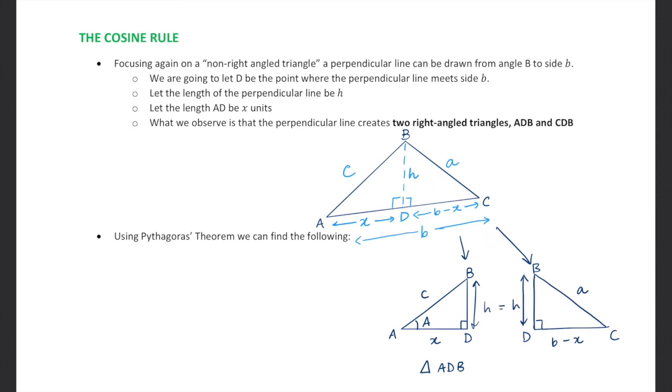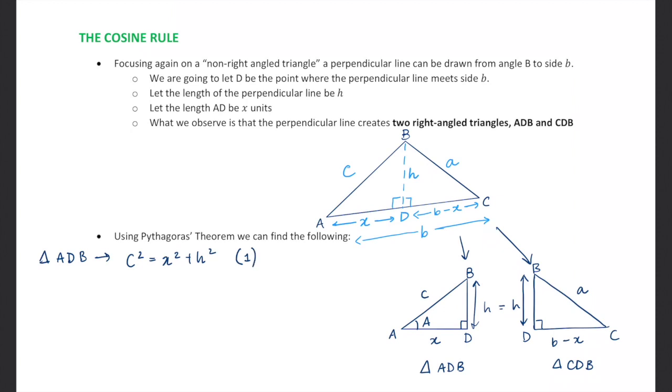Just follow along with what I'm about to do. Focusing on, forgot to label this actually, sorry. So starting with triangle ADB, using Pythagoras, we can arrive at the following. And I'm going to call this equation 1.